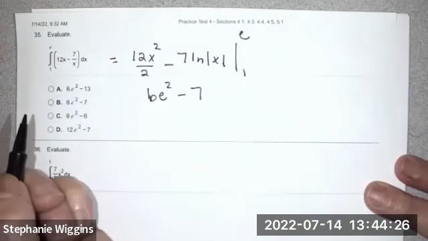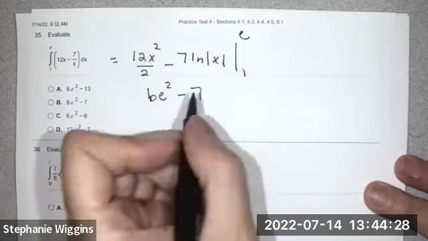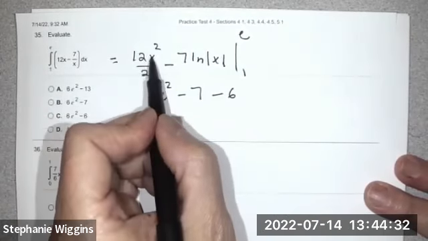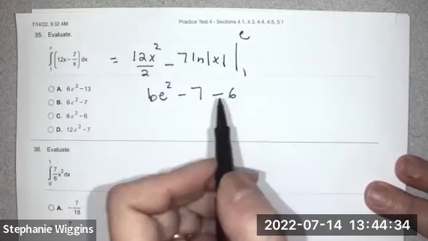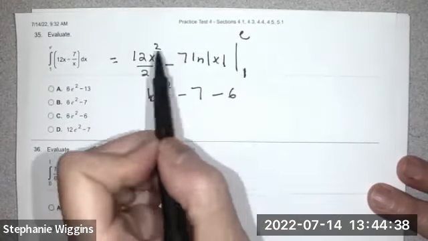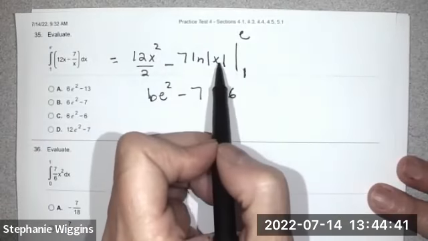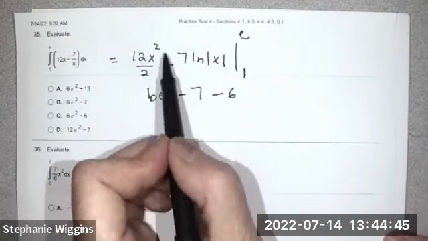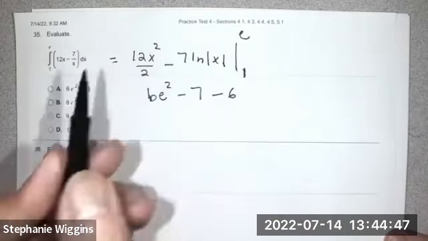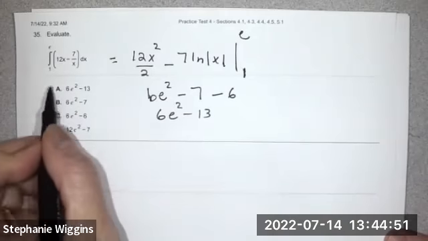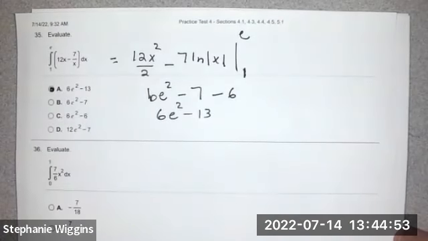But when you plug in 1, you're going to subtract 6, since 12 divided by 2 times 1 squared is 6. I'm subtracting this whole thing, but notice when I plug in 1 here, the natural log of 1 is 0, so I'm just subtracting this. And so we get 6e squared minus 13 right here.